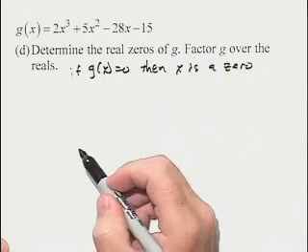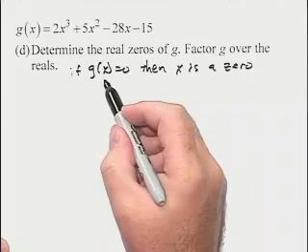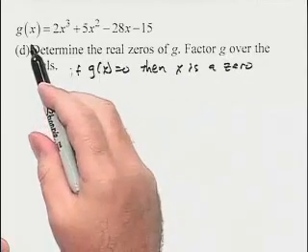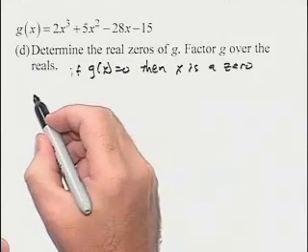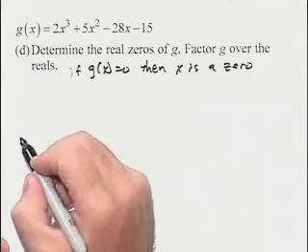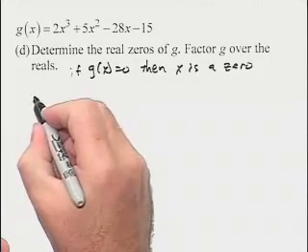In part C, we found a list of potential rational zeros. We can use that list and evaluate our function at each of those to see if we get 0. We want to do it methodically, but also the easiest possible way. So we'll start with integers.